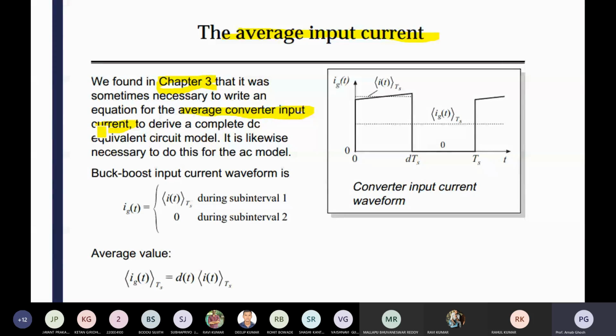Basically it is 360 divided by the number of boost converters, the number of phases. Two converters means a two phase converter.